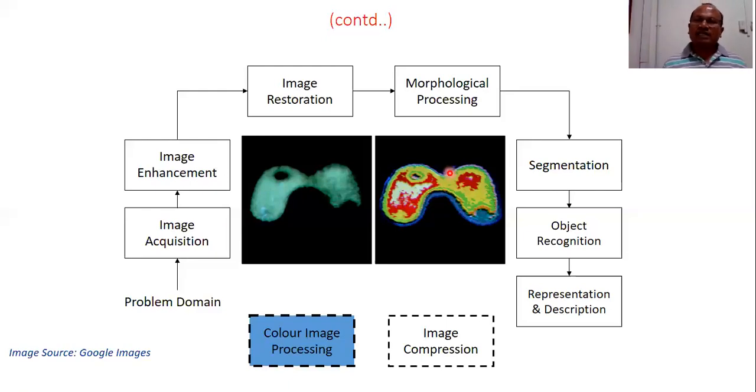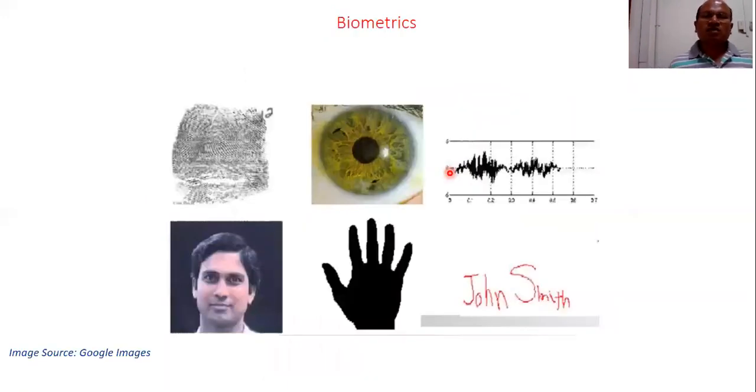So as we began this lecture, we wanted to cover some remaining components of digital image processing, and then discuss a few examples where we can understand how image processing is utilized. So let us see biometrics here.